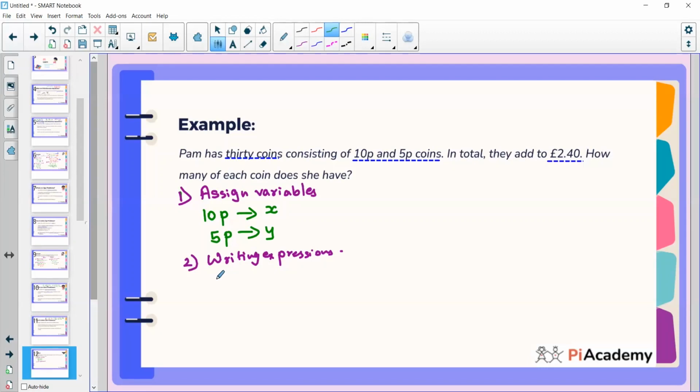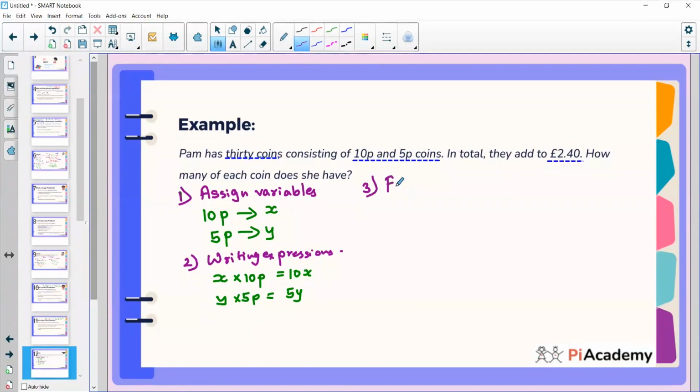Total value of x number of 10p coins, wouldn't it be x times 10p, which is 10x? And what about for 5p coins, which are of y numbers? Y times 5p, which is 5y. So this is the value of 10p coins, and this is the value of 5p coins. So writing expressions is more or less pretty simple.